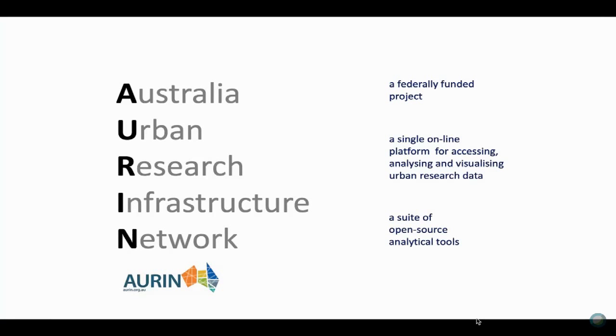Australia is distinctive, unique in the world, with a national infrastructure which shares urban data. This was a project that I started in 2010, a federally funded project to support urban research across the nation, and make data available for urban research.